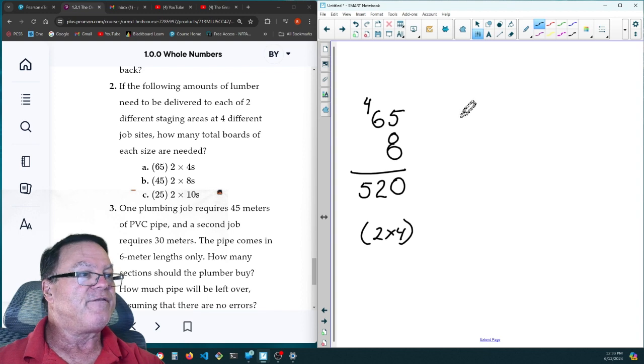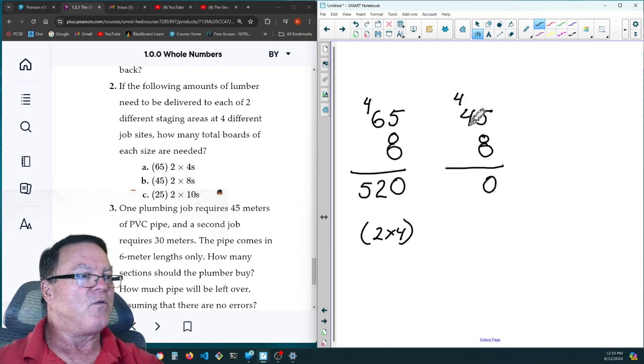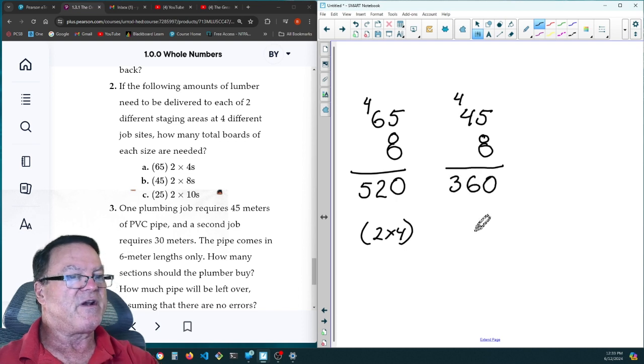So we need 45 2x8s, 8 staging areas. Again, we'll multiply: 8 times 5 is 40. Write the 0 and carry the 4. 8 times 4 is 32, plus 4 equals 36. We need 360 2x8s.